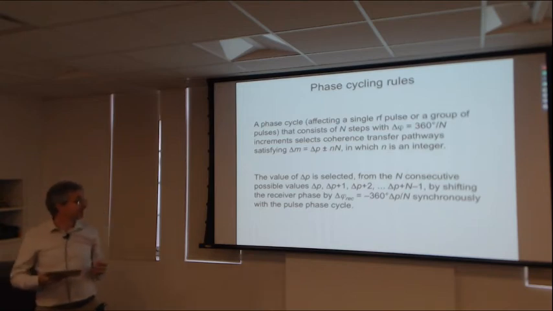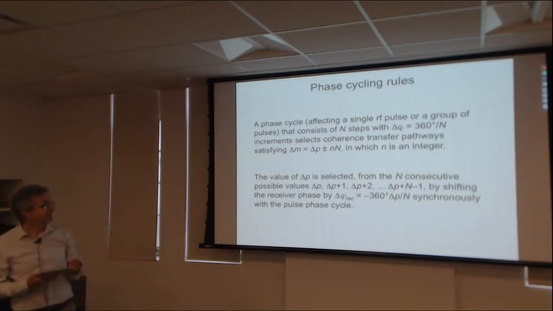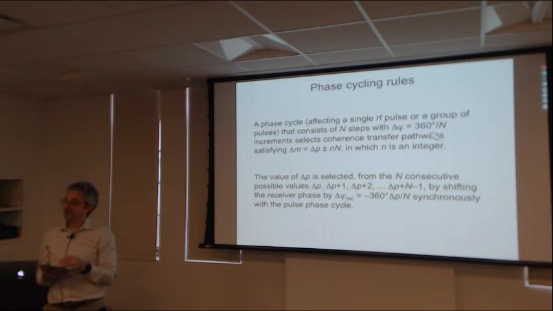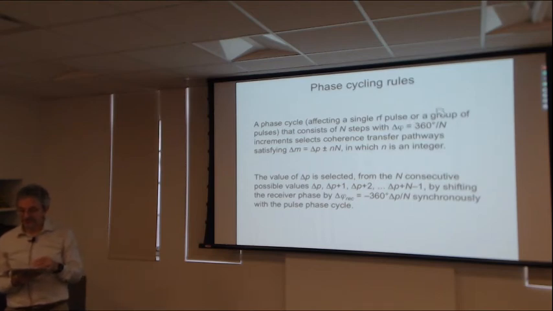So the rule becomes that if we have phase shifts that are given by 360 degrees divided by n. So if n is 4, you're shifting the phase of a pulse by 90 degrees. If n is 2, you're shifting the phase by 180 degrees. If n is 8, you're shifting the phase by 45 degrees.